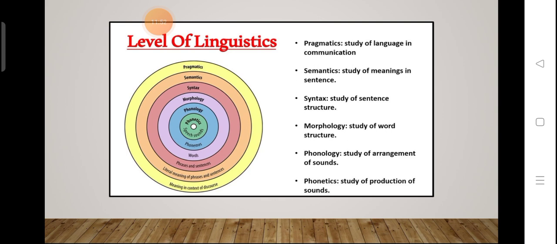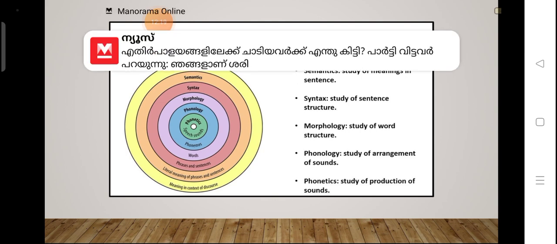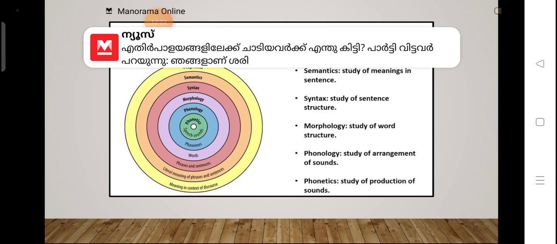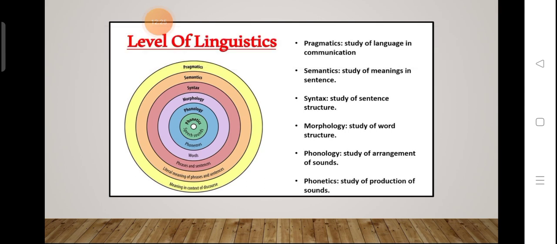So linguists apply many aspects of linguistics in various disciplines, and they try to find answers for many questions regarding language, like how foreign languages are taught, how they are learned, how language can be used in computer programs, how language can be associated with speech abnormalities, how the behavioral pattern of a person can be connected with his language, how language is connected to one society.